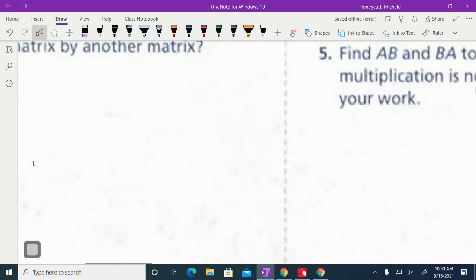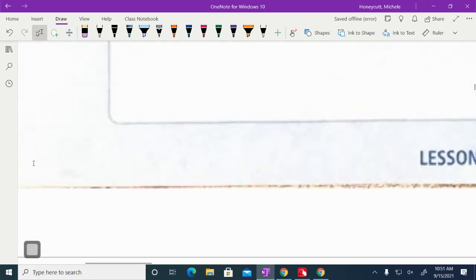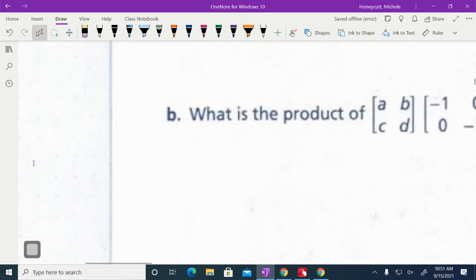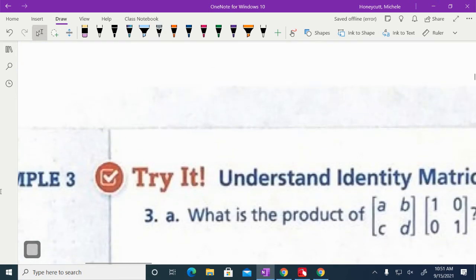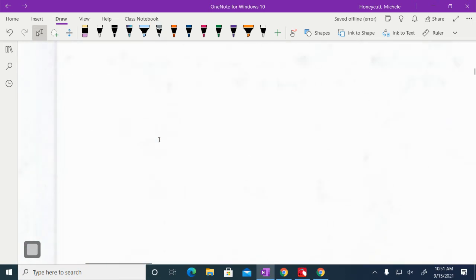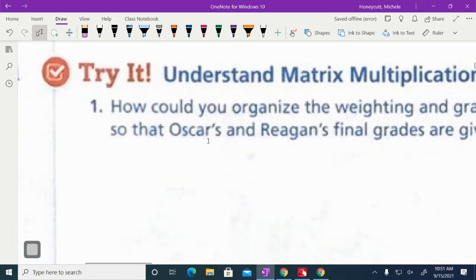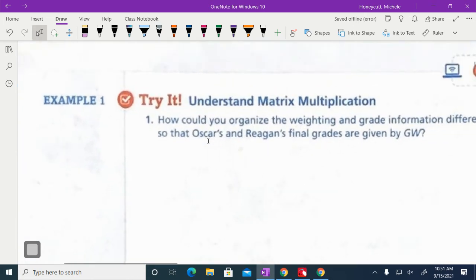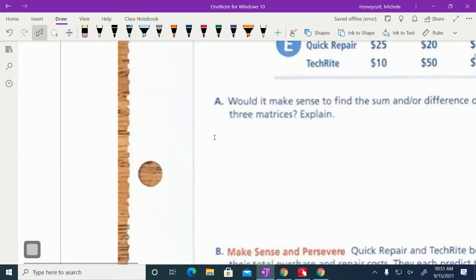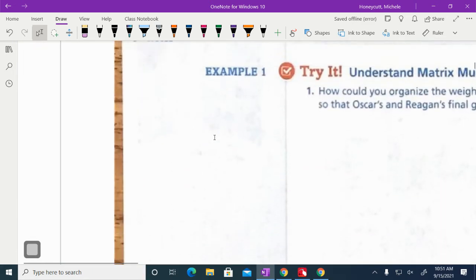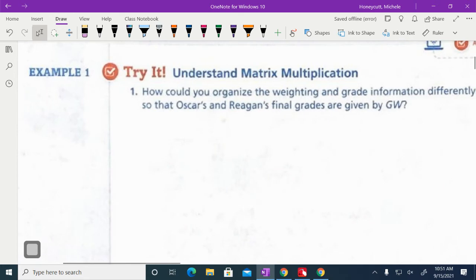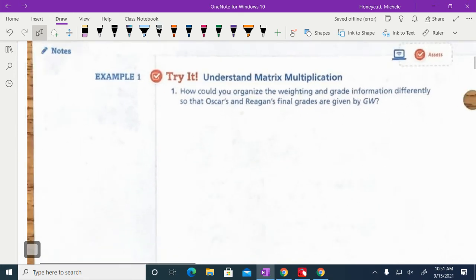So go to page 460. Example 1 is about Oscar and grades, but we're going to change that example to just multiplying matrices.